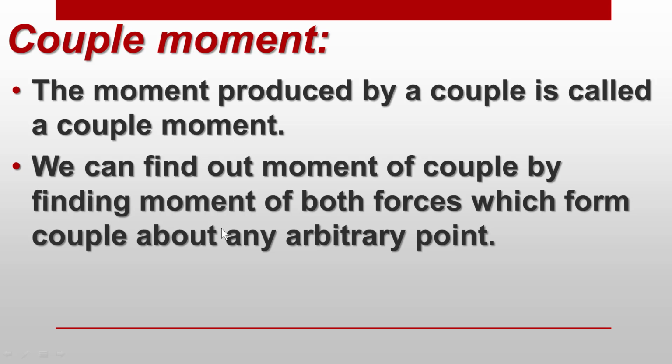That means we can separately find the torque produced by each force and then add them, to get the moment produced by those two forces. Let's say force FA is equal to minus F, and force FB is equal to F.